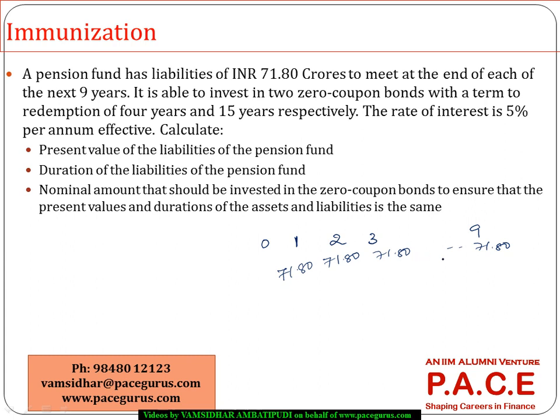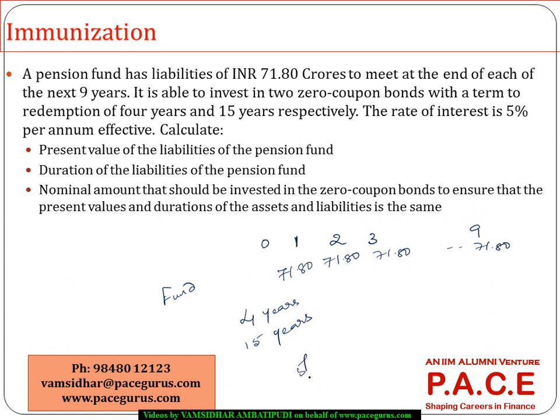These are the liabilities for the next 9 years for this particular fund. Now, asset-wise, they have an option to invest in two zero coupon bonds, one maturing in 4 years and the other maturing in 15 years.